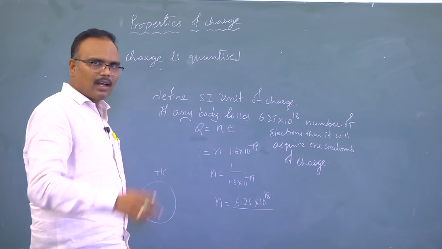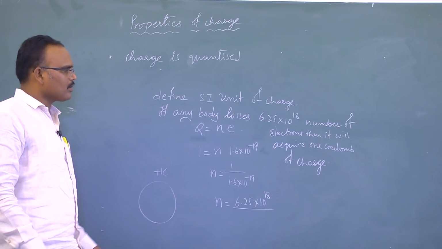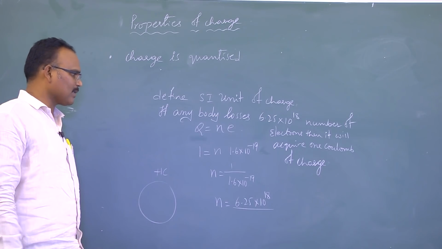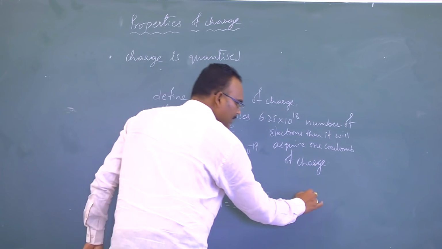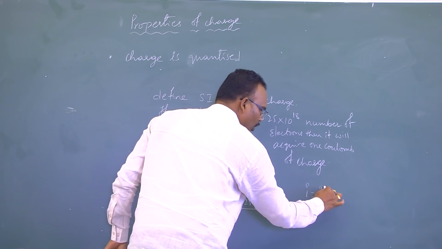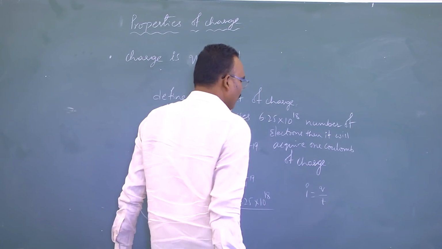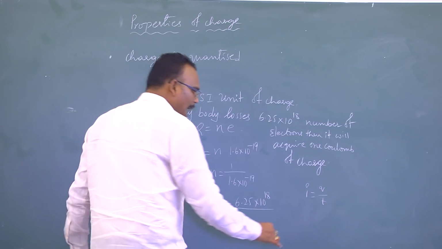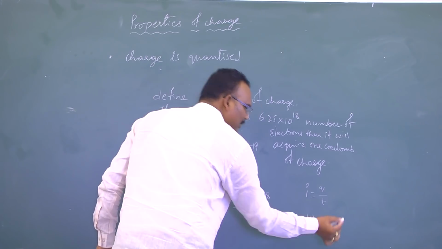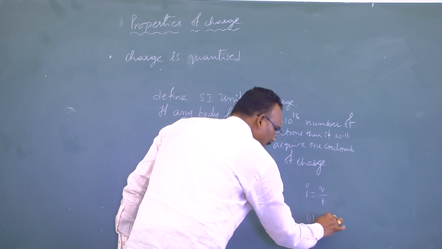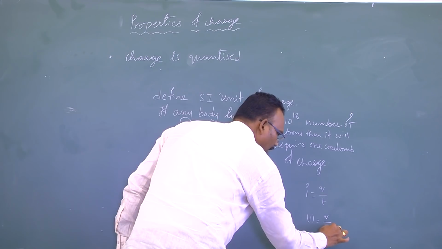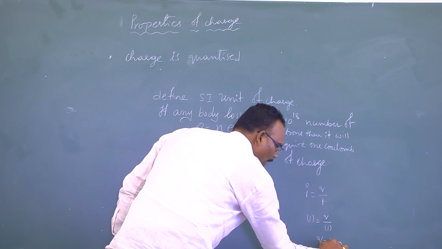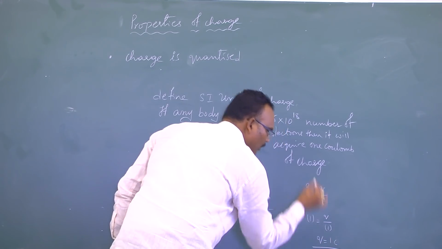See, if they have asked this almost at the end of the academic year, you can define 1 coulomb by taking another mathematical expression, like I is equal to Q by T, which we have already used when we wrote the dimensional formula for charge. If 1 ampere current passes through a conductor in 1 unit of time, that is 1 second, then obviously you will get charge 1, and the SI unit is coulomb.